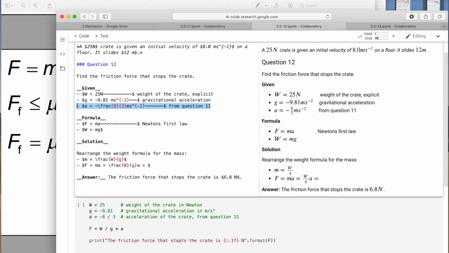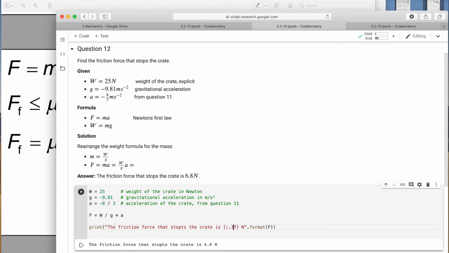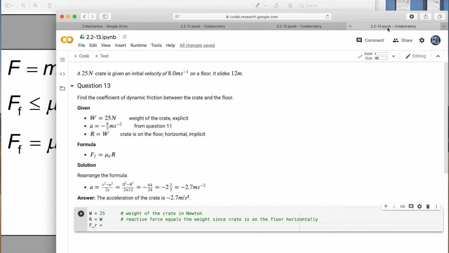6.8 is the rounded one. Yeah, but more precise, 6.796. Let's take the more precise, 6.796, and round at the end.